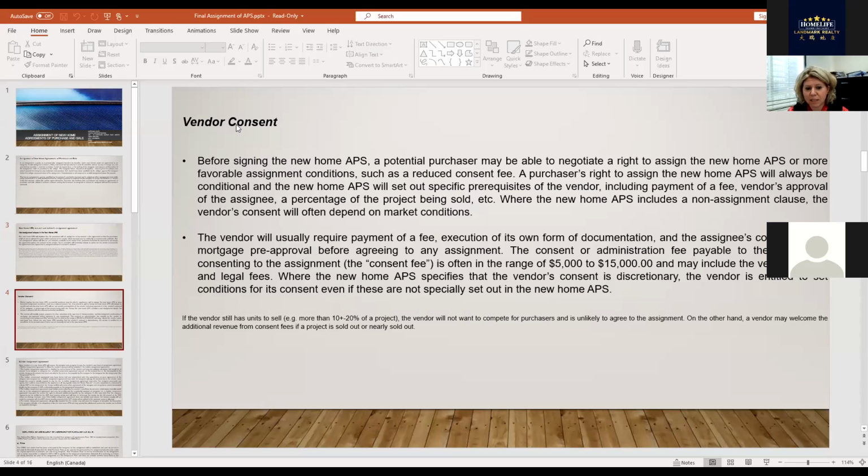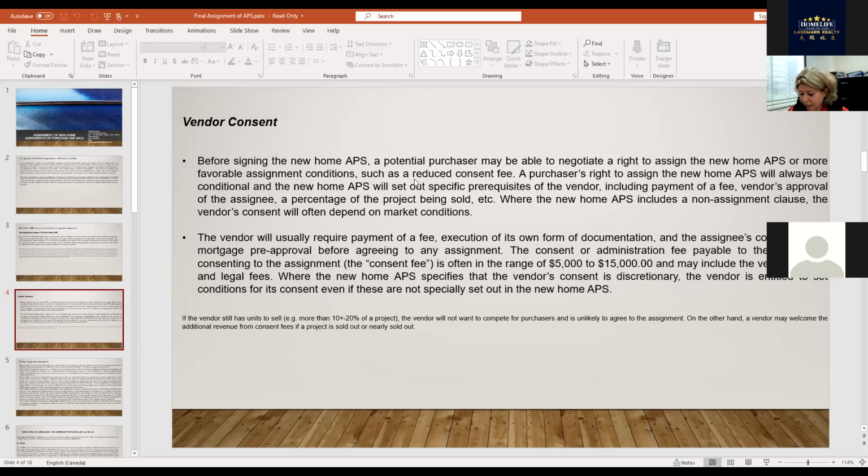Then we have this amazing vendor consent, with the fees and everything, as I told you. You have to be fully aware that sometimes the builder's consent agreement is in contrast with what you have written in Schedule A of Form 150. For example, it happened to me lately, about a month ago.